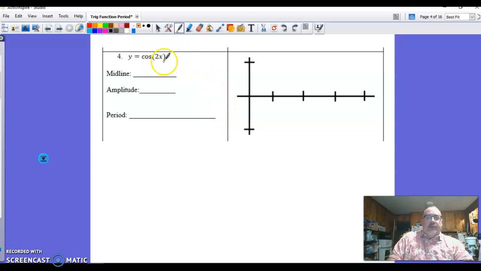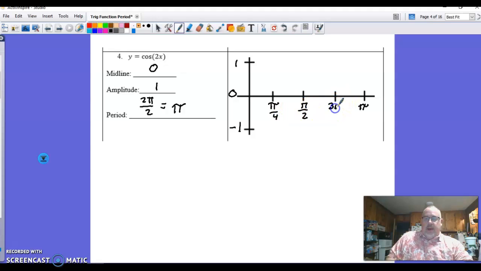All right, cosine of 2x, midline 0, amplitude 1, 0, 1, -1. If it's 2, then it's 2 pi divided by 2. Again, that period is just pi. If pi is the period, half of pi is pi over 2. Half of that is pi over 4.